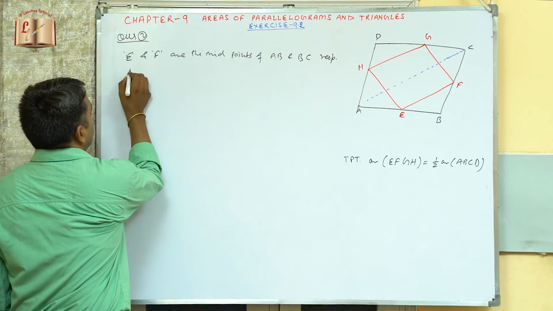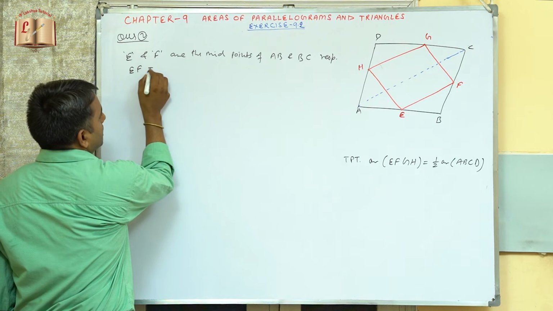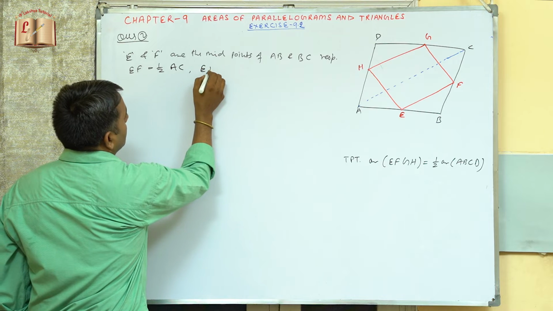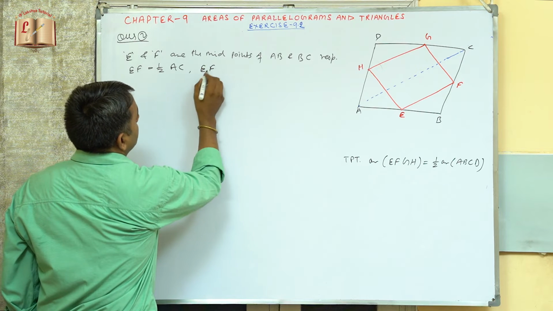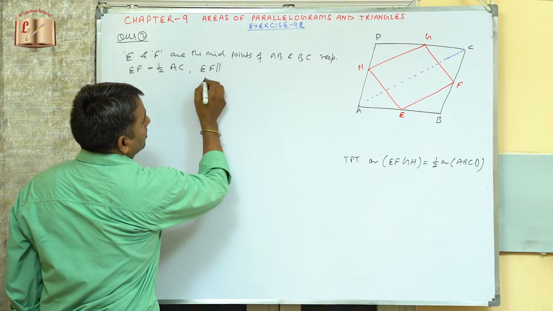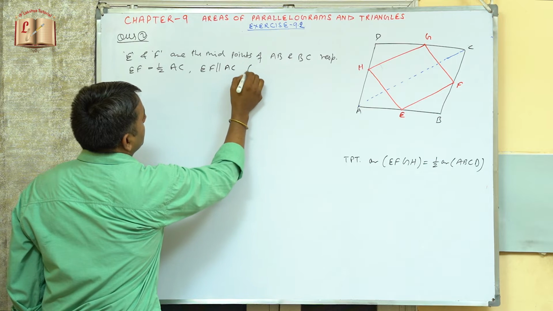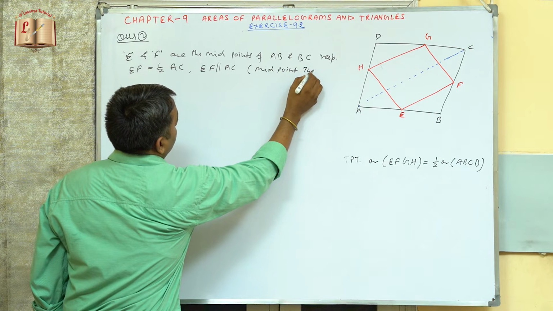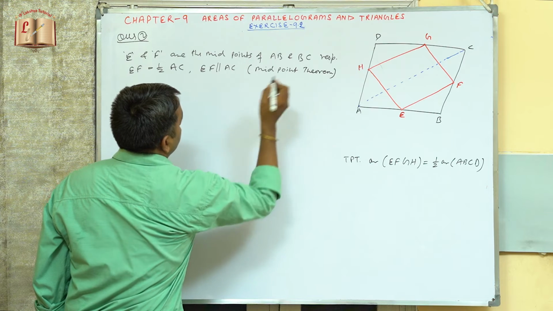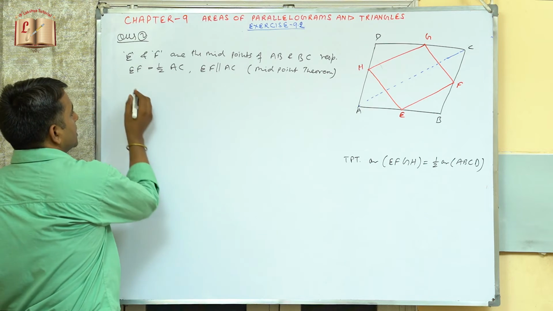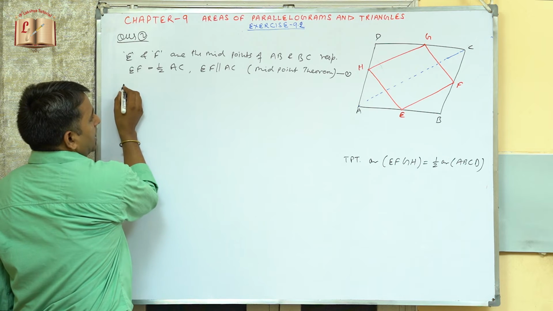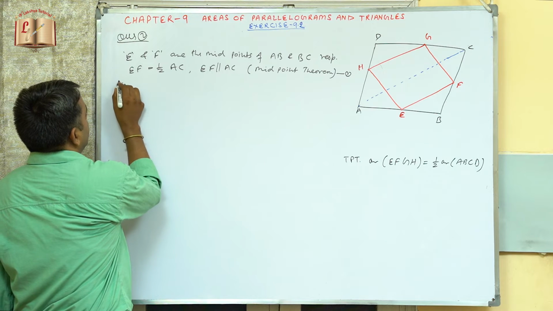So we can write EF is equal to half of AC and EF is parallel to AC. This is by midpoint theorem. So this is now equation number 1, and similarly we can write for G and H.